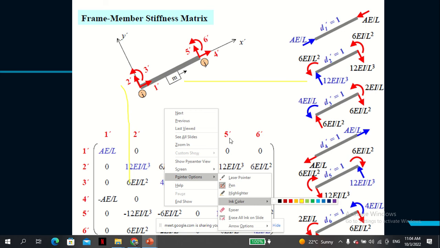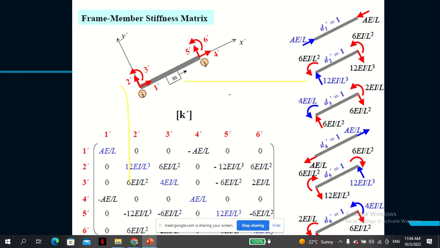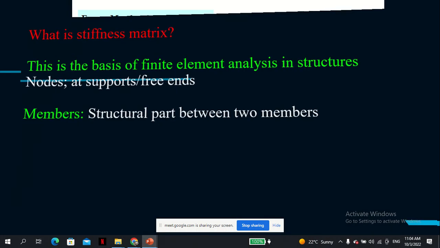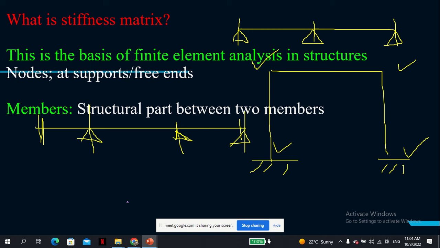For example, if you have, let me try to go back. I think there's enough space to explain. Okay, let's see.